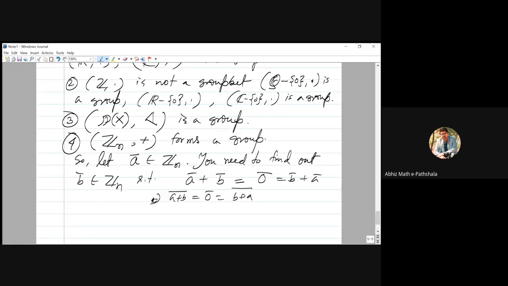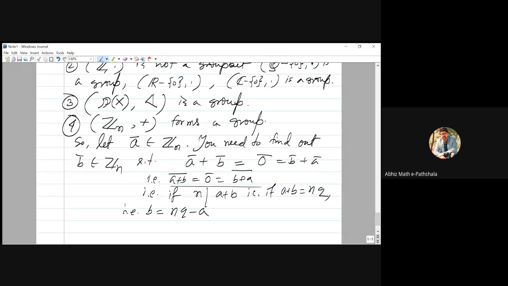So to satisfy these equations, this will hold if n divides A plus B. That is, if A plus B equals some nq, a multiple of n. That is, B is nq minus A, right?